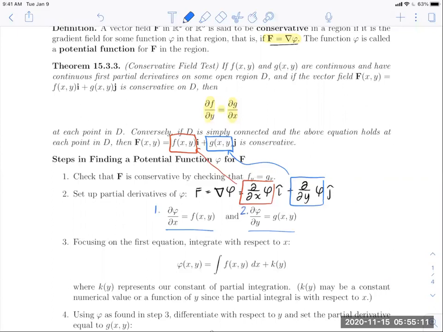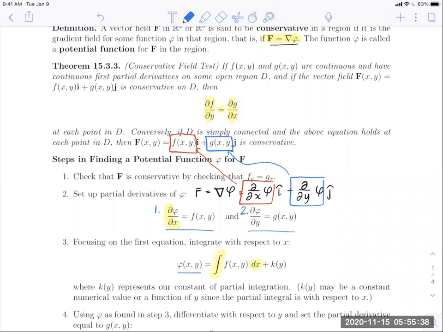We can choose to work with either one, and generally speaking, I just work with the first equation for no particular reason. And I'm going to say, all right, how can I undo this partial derivative with respect to x? I can undo it by taking the partial integral with respect to x. And so that's going to leave me here with phi of x, y rather than partial phi partial x.